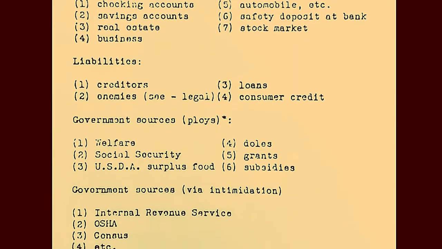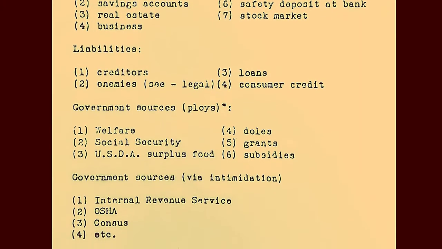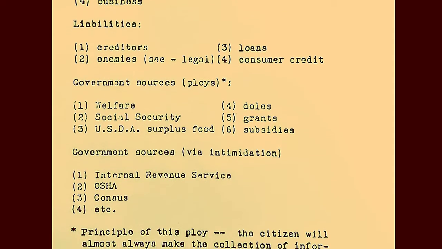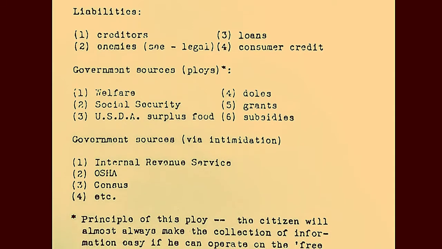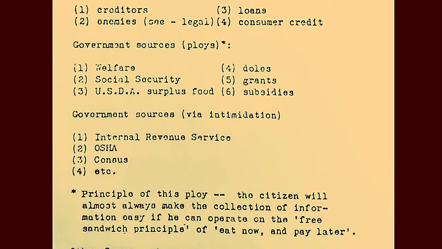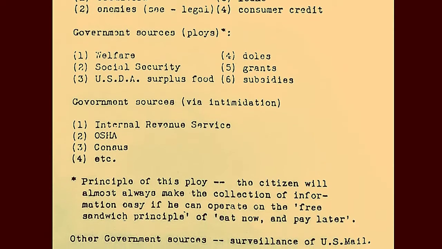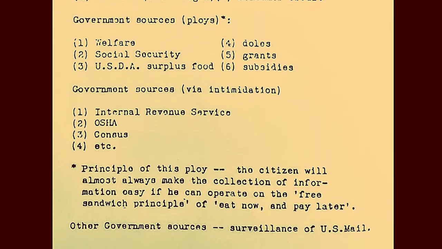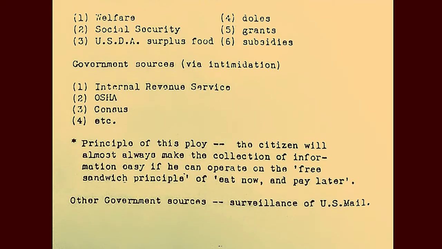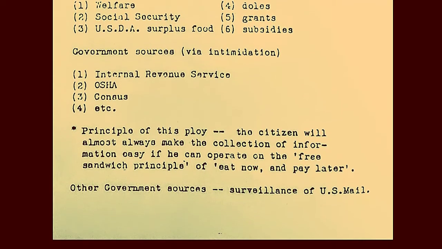Principle of this ploy: the citizen will almost always make the collection of information easy if he or she can operate on the free sandwich principle of eat now and pay later. Welfare, Social Security, USDA surplus food, doles, grants, subsidies.